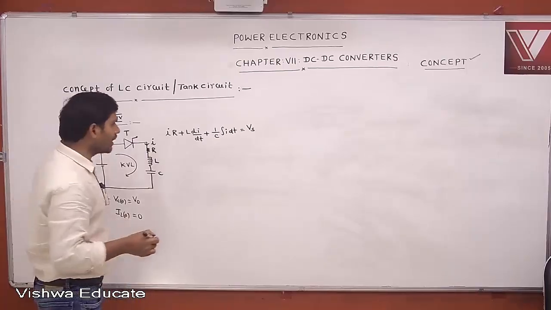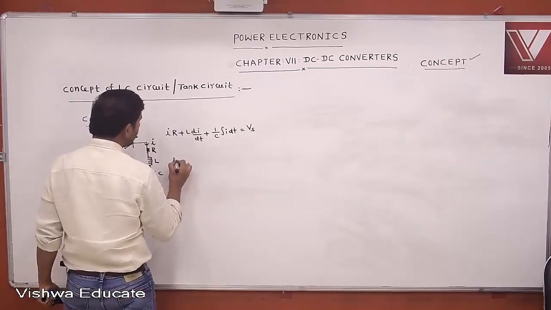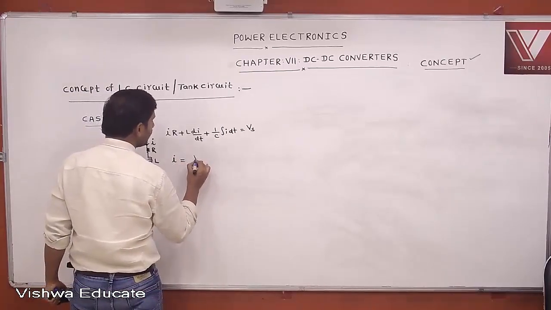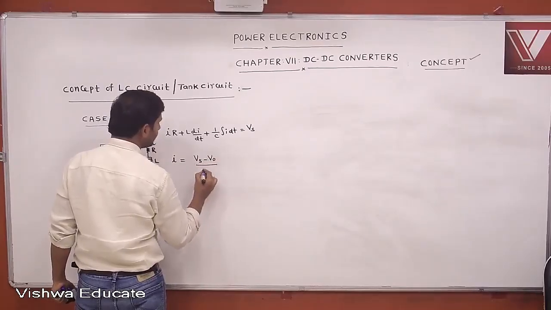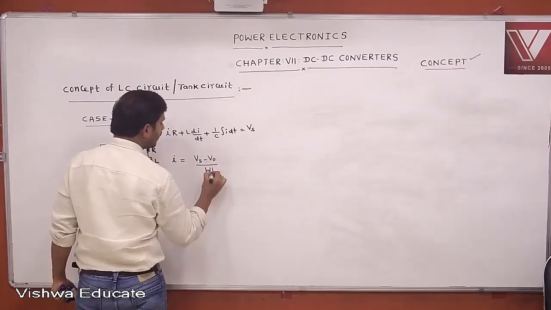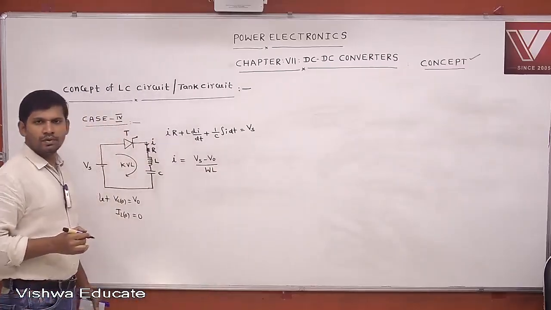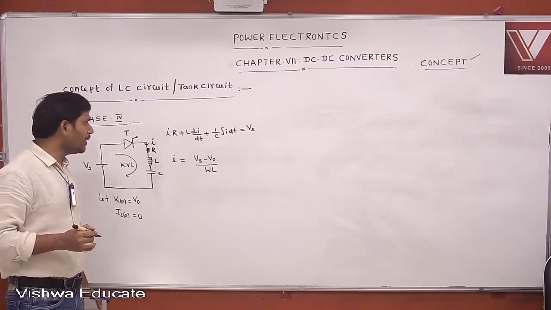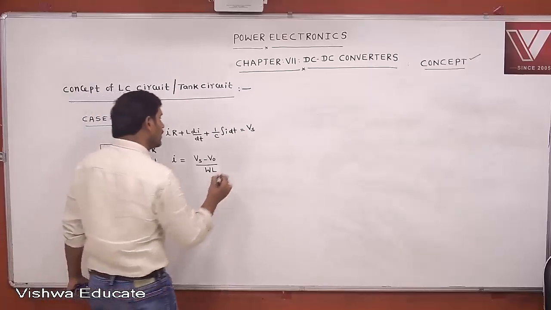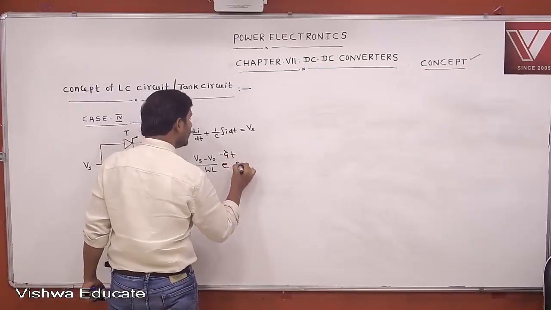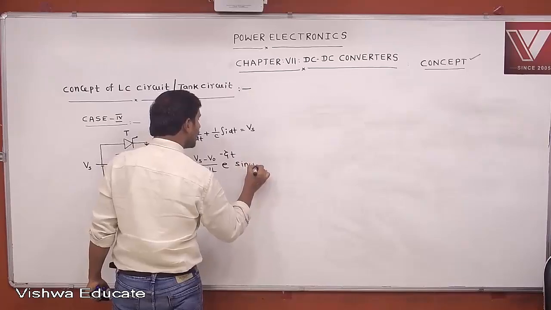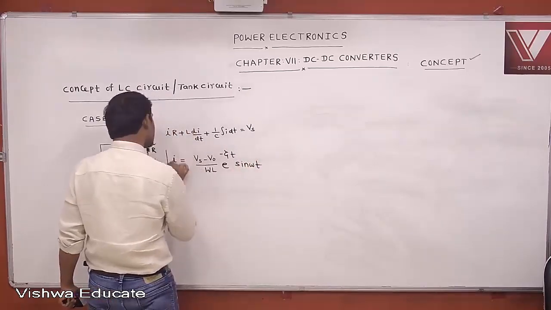Directly I am writing, you can get current I equal to Vs minus V0 by omega L into e power minus zeta t into sin omega t. This is the expression for I.